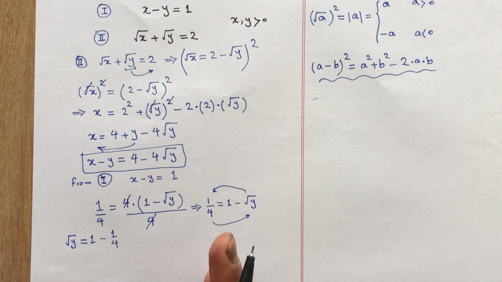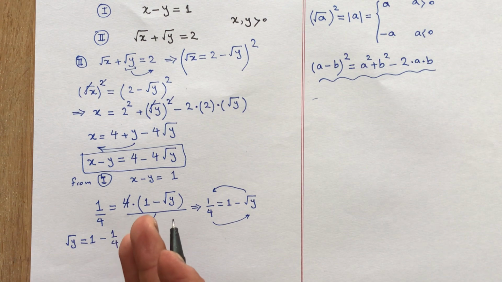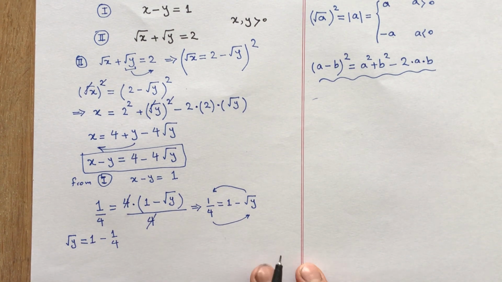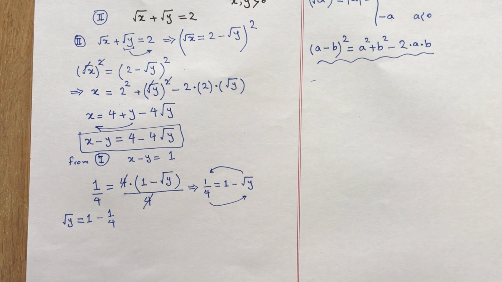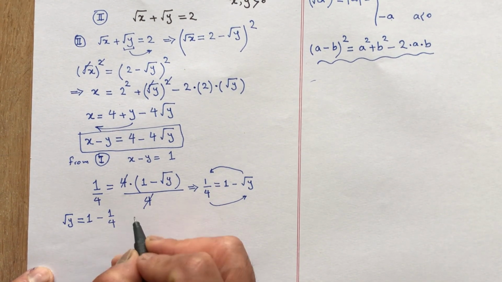Now our parameter is y, the square root of y remains on the left side and all numbers on the right side.